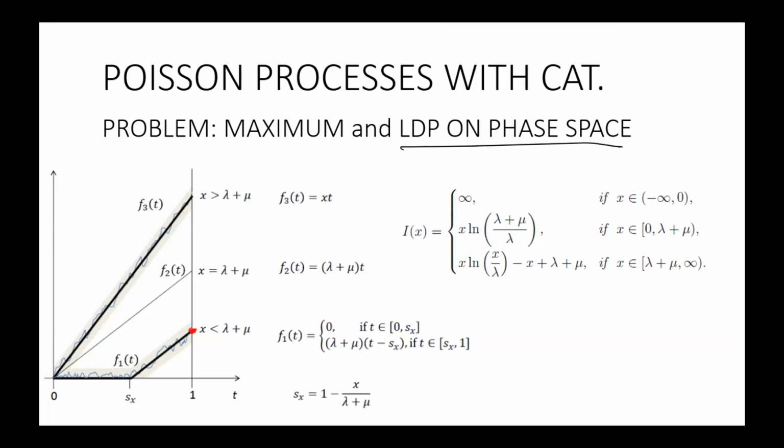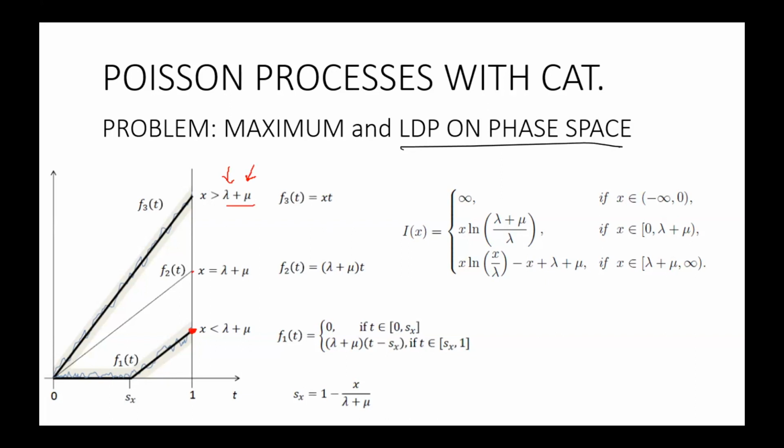the X. So we have here two behaviors. If X is larger than lambda plus mu, where lambda and mu, remember, are the rates of my two Poisson processes. Lambda is responsible for the growing part, and mu is responsible for the coming of catastrophes.